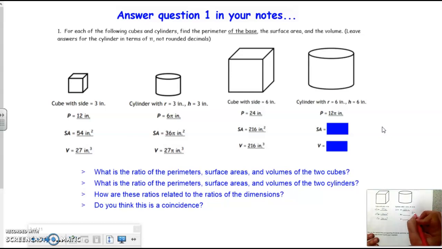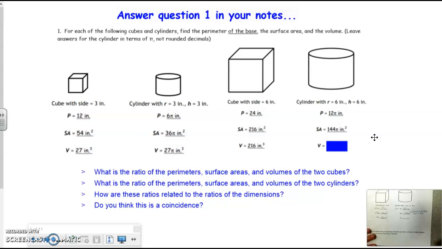The area of the base is 36 pi, so 2 times that is 72 pi, plus the perimeter times the height, which is 72 pi. That gives us 144 pi, and that's square inches.